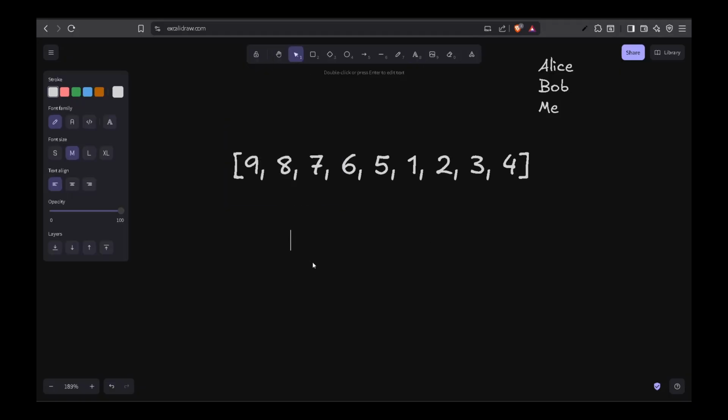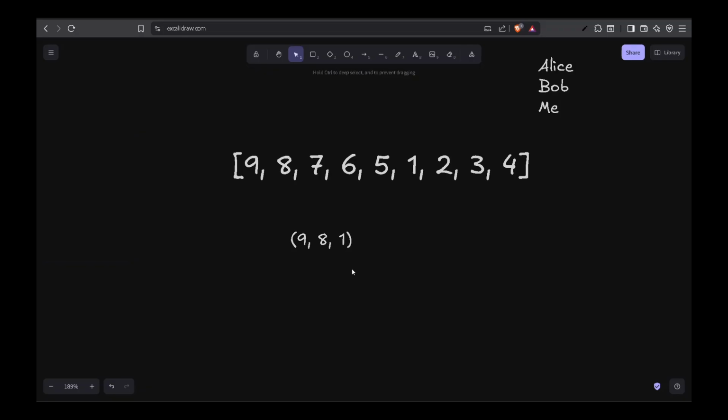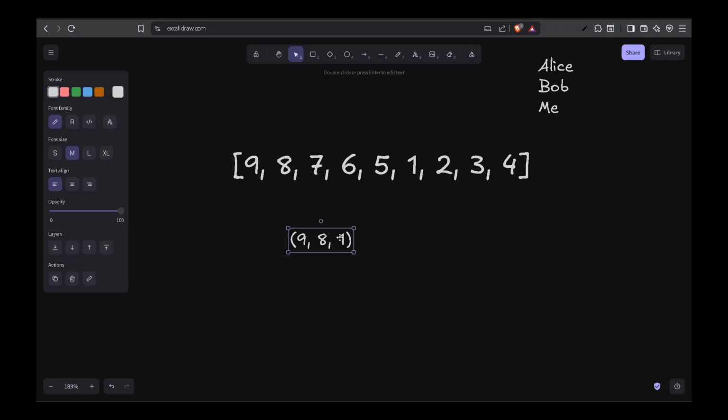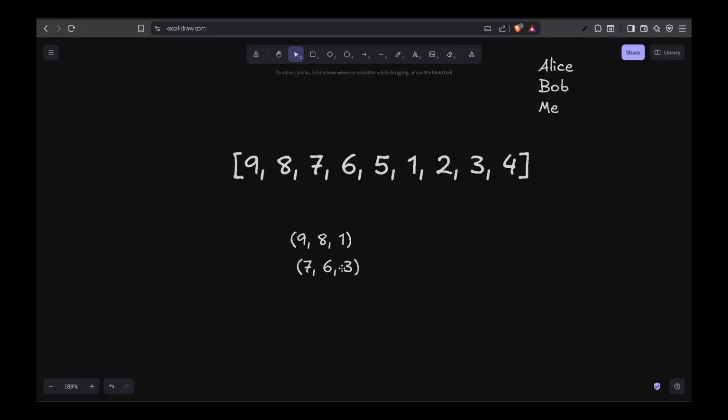Let's take piles, right? Let's say the first one that I chose was 9, 8, 1, right? And the second that I chose was 7, 6, 3, right?